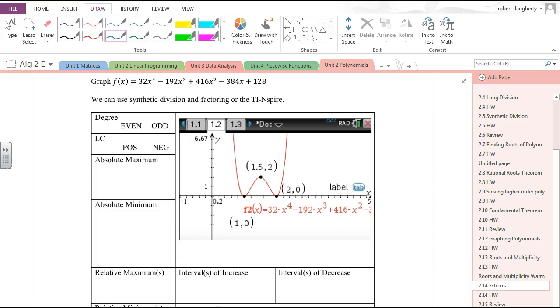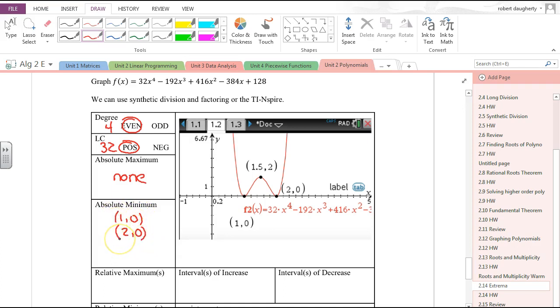What's the degree of this polynomial? We know specifically it's 4. That's even. What's the leading coefficient? 32. Positive. Absolute maximum? None. Okay, nada. Absolute minimum? It looks like it's going to be at 1, 0 and 2, 0.